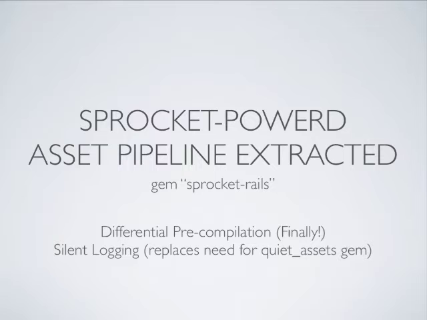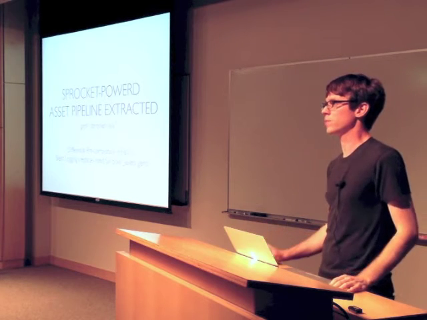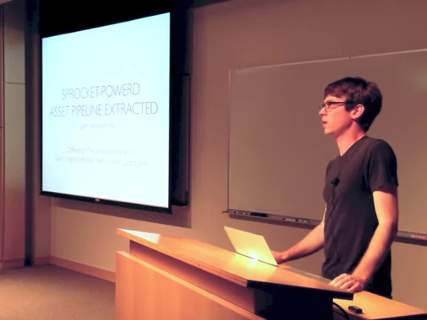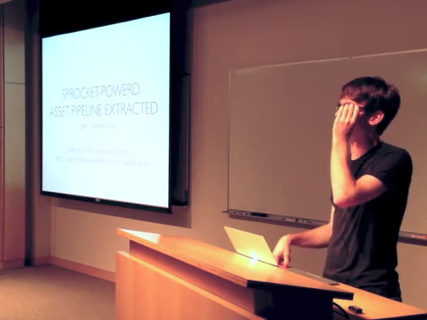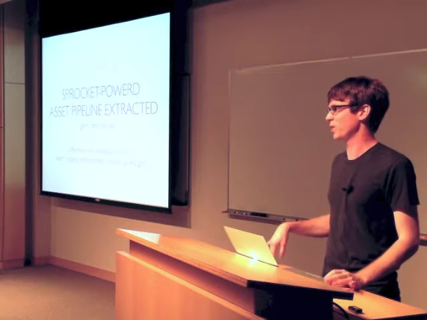Okay, the asset pipeline. A lot of the asset pipeline related code in Sprockets has been extracted to sprockets-rails, which is included by default in Rails 4 now. But aside from that, there's some new features. A really nice new feature is that Sprockets, the asset pipeline, will now do differential pre-compilation.